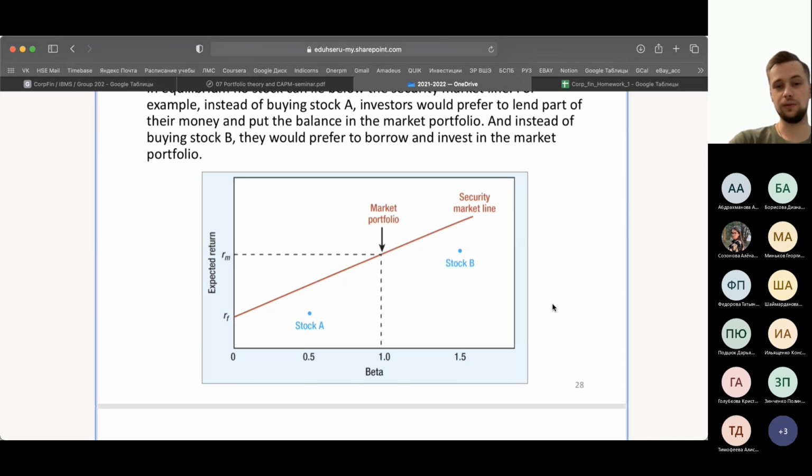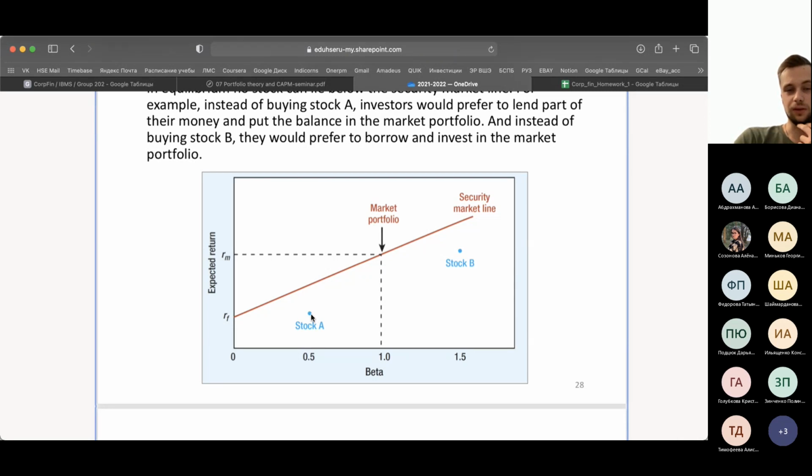If the stock is below the security market line, it means, for example, for stock A here, that for beta of 0.5, in theory, it should provide this rate of return, given the market line, but it provides only this rate of return.